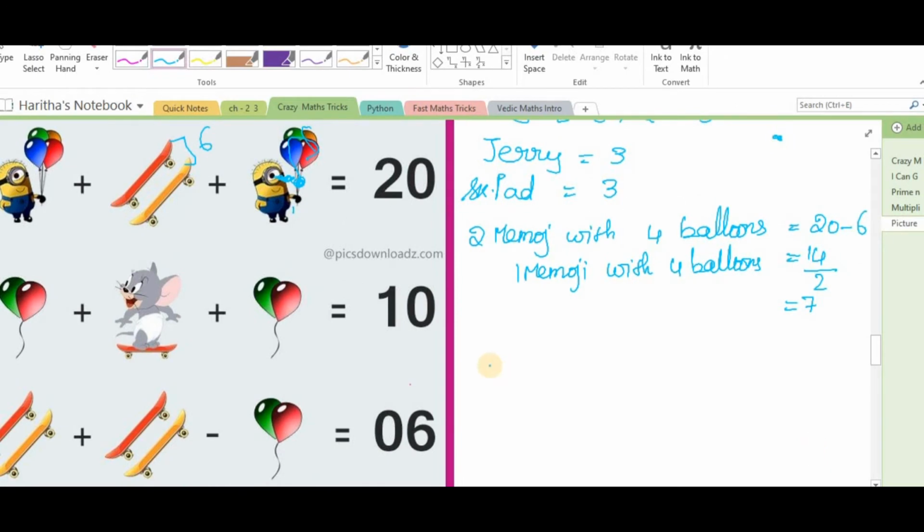And now we will try to find out this. Now we can find the value of balloon here. We know that Jerry with this pad is 6, right? So this is 6, and 2 balloons, nothing but 4 balloons we can go for.